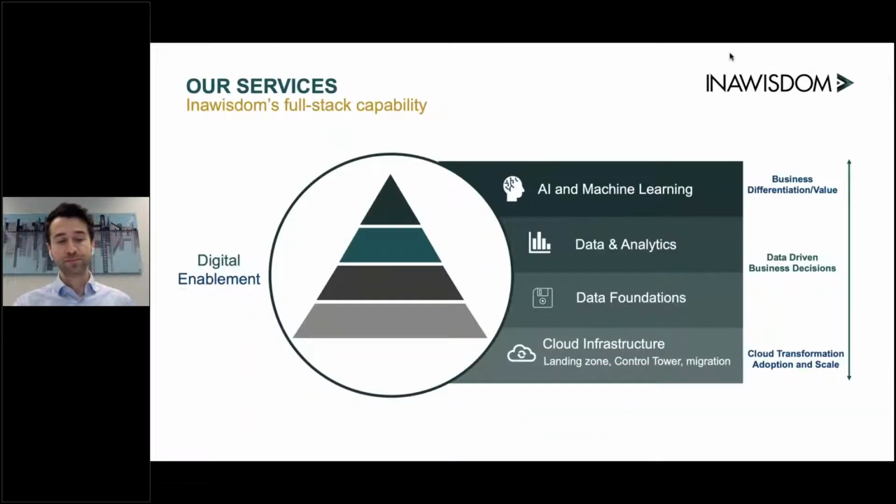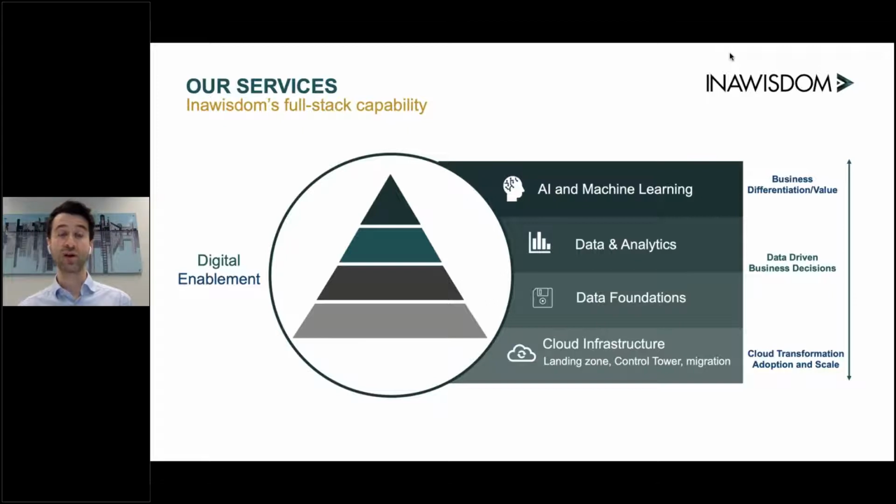Okay, so in Inawisdom, we do believe in collaboration. And in order to deliver amazing solutions to our customers, we need to have skills across the technology spectrum. So apart from AI and machine learning, which is the team that I lead, we need to have an understanding of cloud architecture and infrastructure.